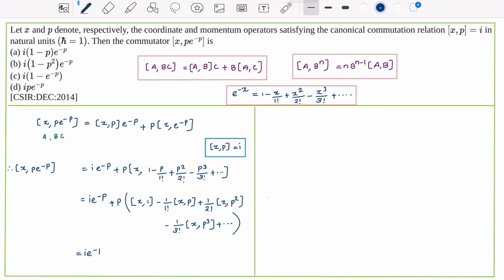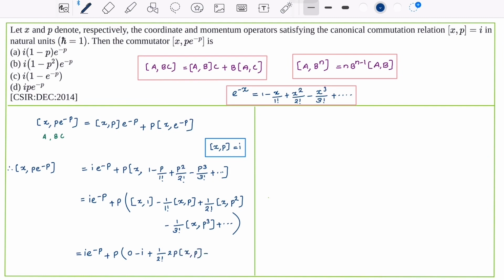This is equal to i e raised to minus p plus p times, within brackets, the commutator of x and 1 is 0, minus the commutator of x and p, which is equal to i. So, the second term is minus i plus 1 by 2 factorial. Now, let us use the equation for the commutator of a and b raised to n.